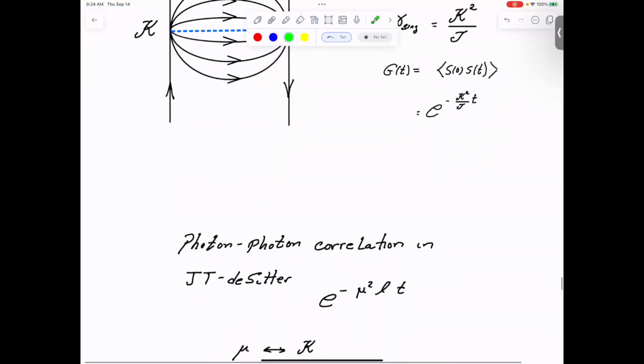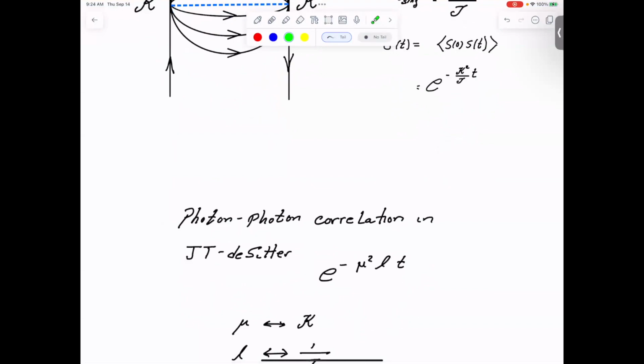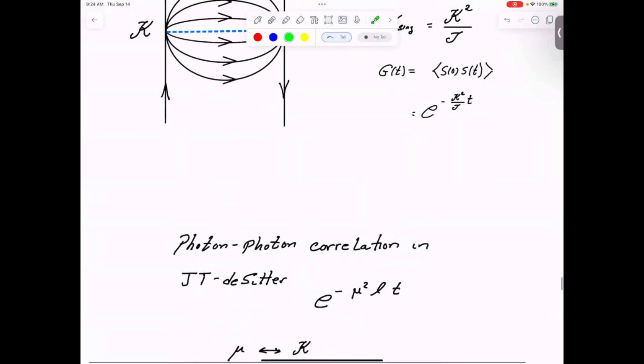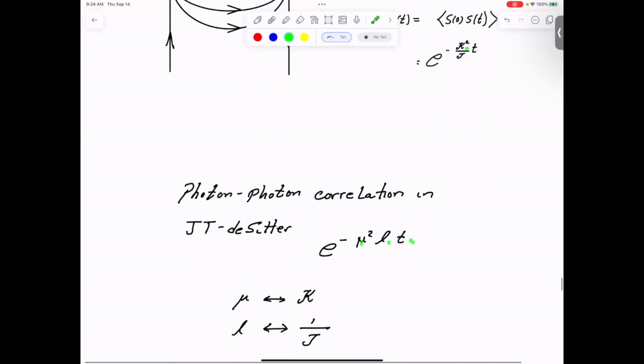I would compare that with the photon-photon correlations in the JT de Sitter space when the photon has a little mass. If the photon has mass mu, it's e to the minus mu squared L times t. It looks temptingly like this.